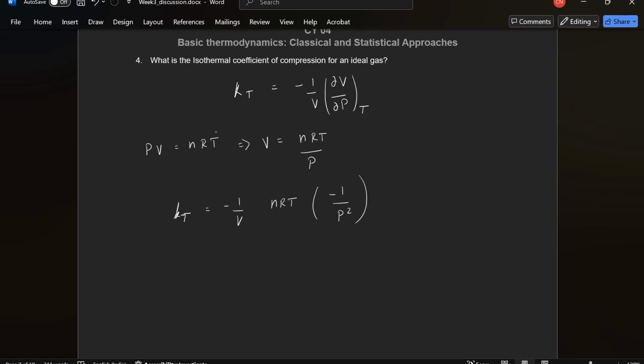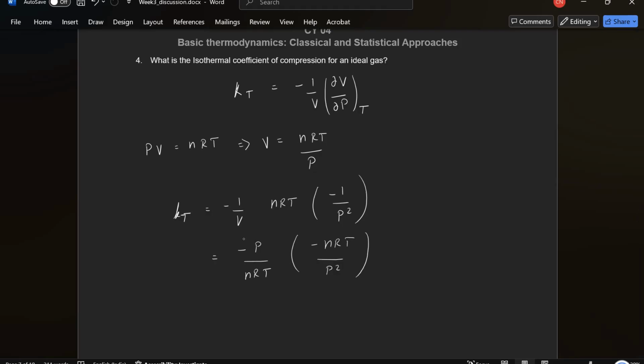We can also substitute V, which is nRT by P, so that is P by nRT into minus nRT by P squared.